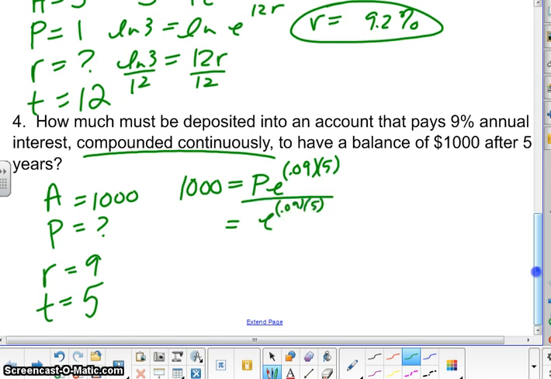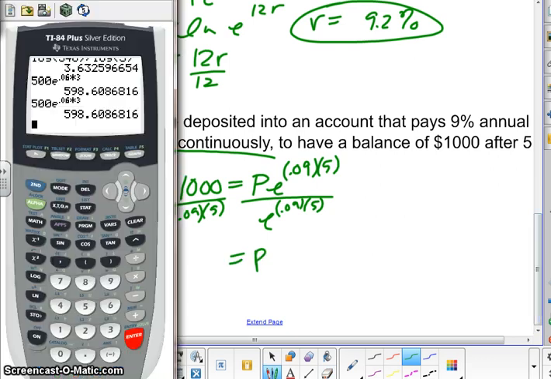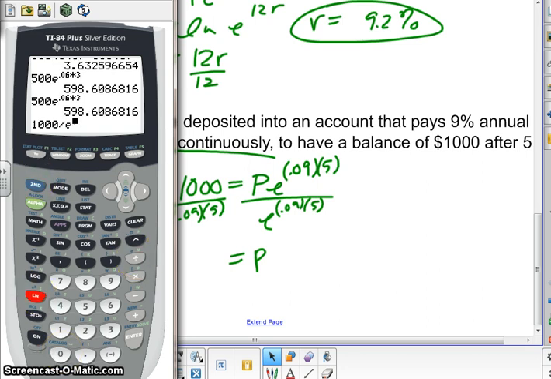Then I'm going to divide by all of that, because P is multiplied by all of it, so we can just divide both sides by that. Go ahead and plug that in your calculator, and since this is kind of a weird one, I want to work that one with you. So you type 1,000, divided by second ln, which is e to the x, and then you've got your 0.09 times 5.